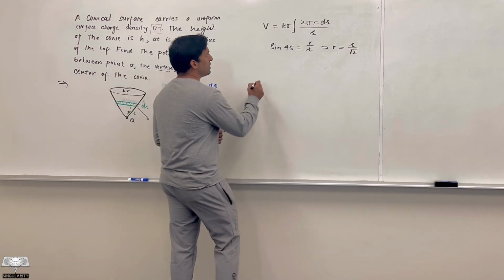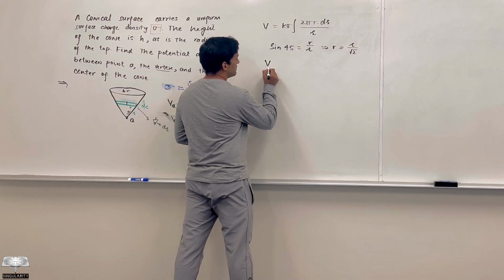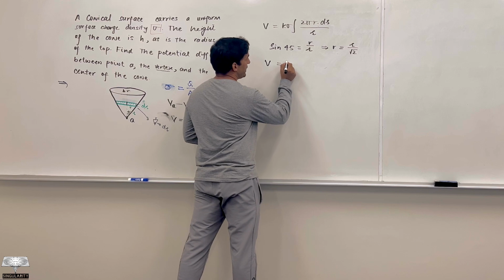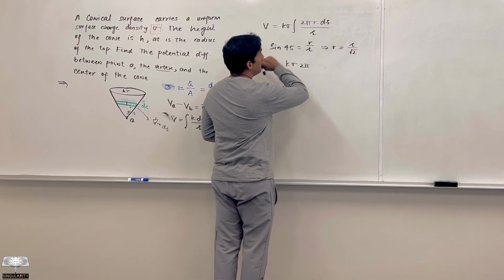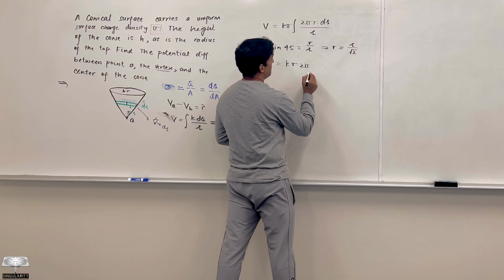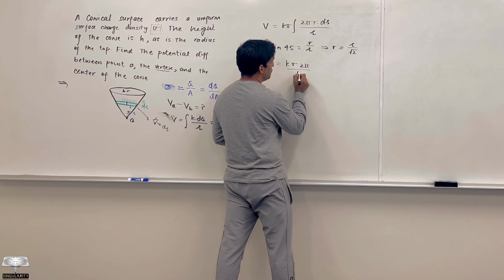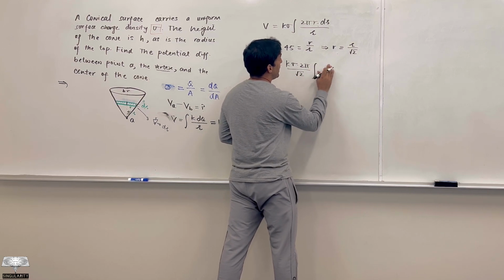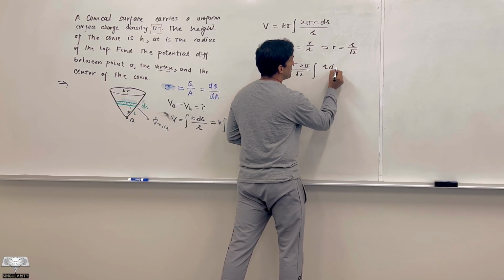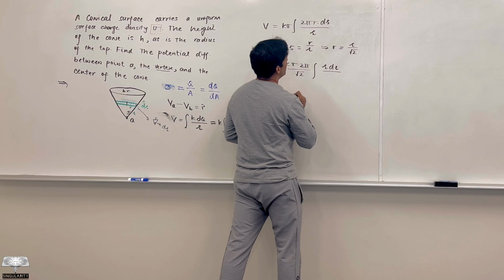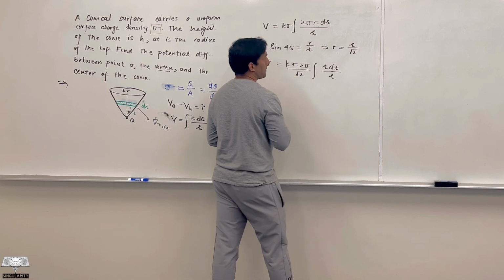And so our formula for potential becomes K sigma, then we have 2 pi out, and 1 divided by square root 2 out, and now we have integral r dr divided by r.